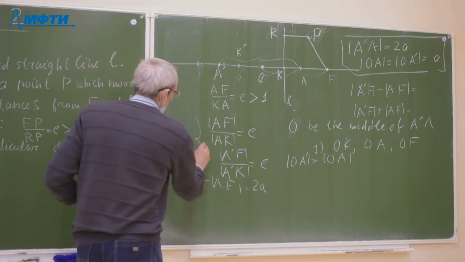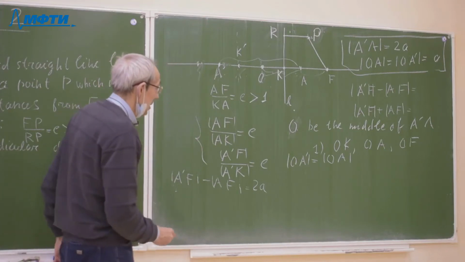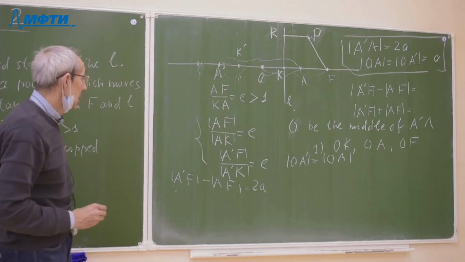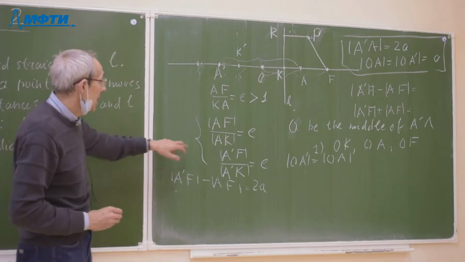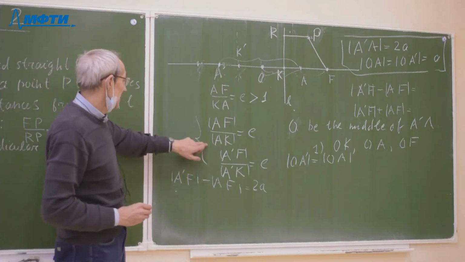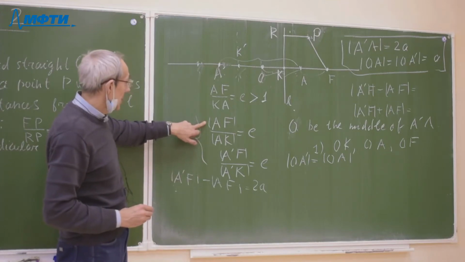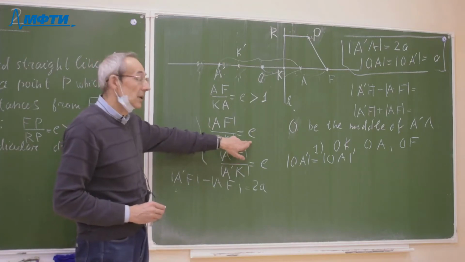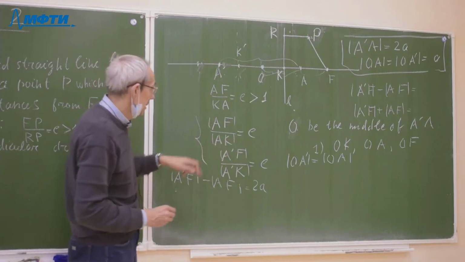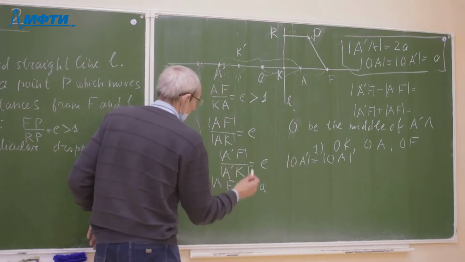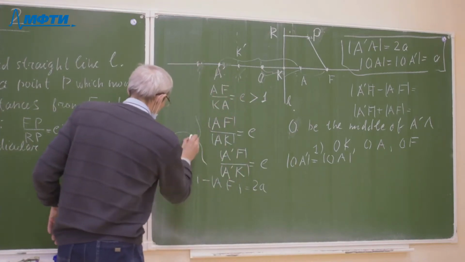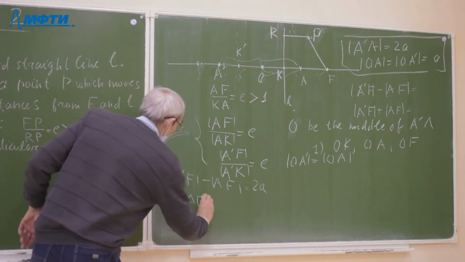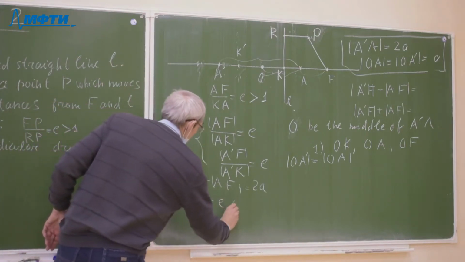From this relation it follows that the length of the segment AF is equal to the product E and AK. We have two consequences: AF is equal to E times AK.